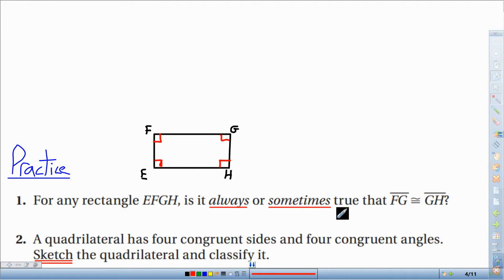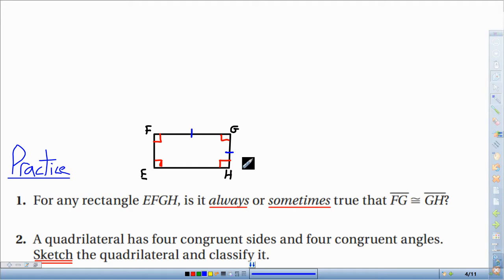Okay, so here's the question. Is FG congruent to GH? Let's figure out where those are at. Here's FG, and here is GH. Are those two side lengths always congruent to one another or sometimes congruent to one another? Okay, well, here's my rationale. I know that opposite sides are always congruent in parallelograms.